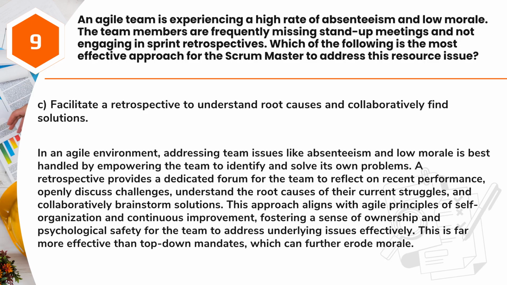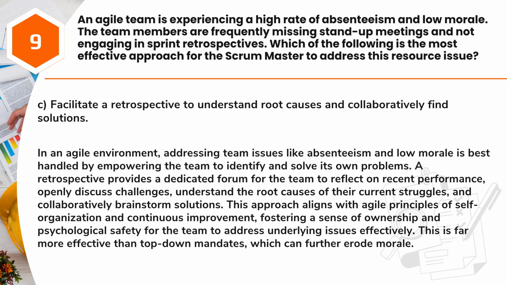Answer: C. Facilitate a retrospective to understand root causes and collaboratively find solutions. In an Agile environment, addressing team issues like absenteeism and low morale is best handled by empowering the team to identify and solve its own problems. A retrospective provides a dedicated forum for the team to reflect on recent performance, openly discuss challenges, understand the root causes of their current struggles, and collaboratively brainstorm solutions.